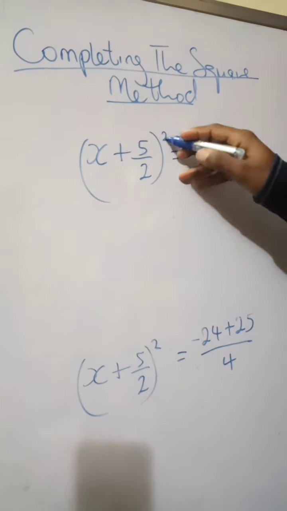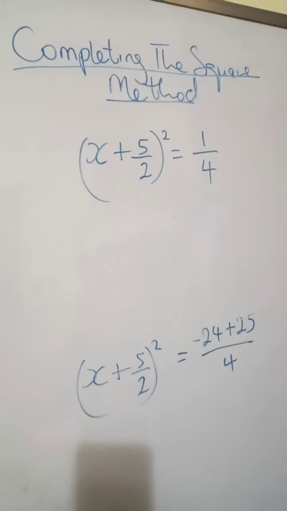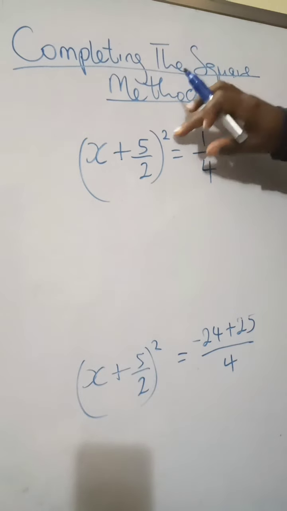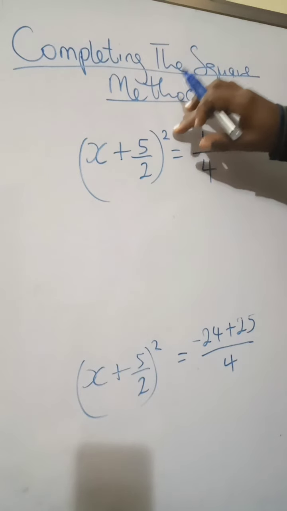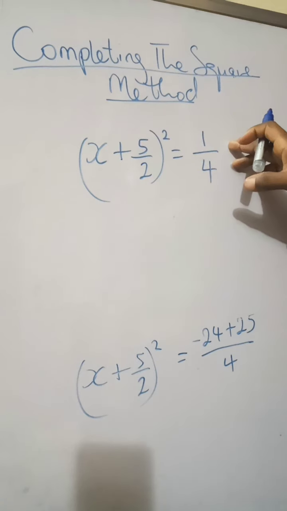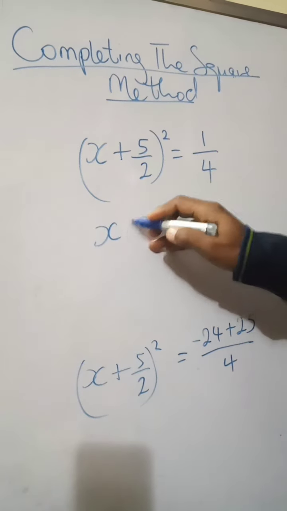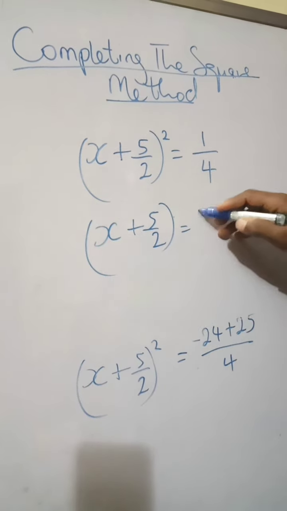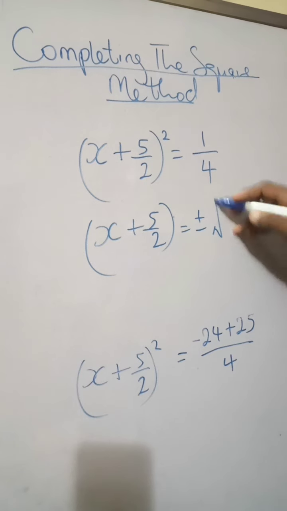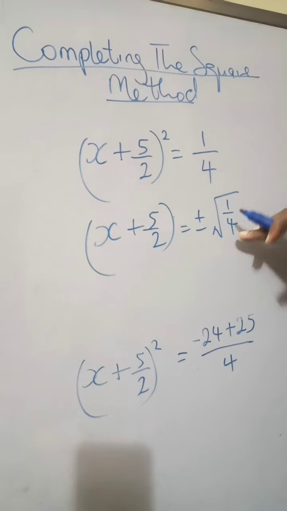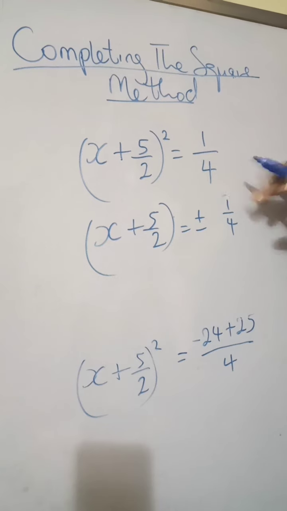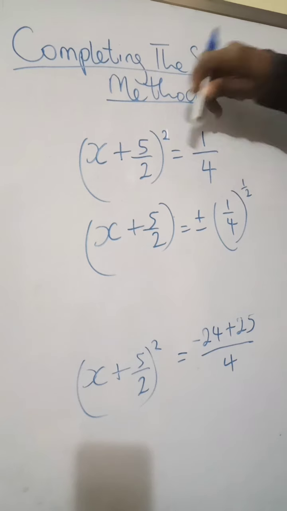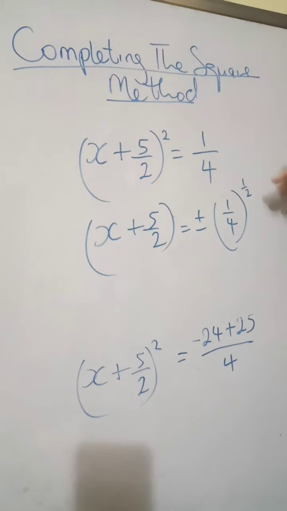So to get rid of the square, you take the square root of both sides, or you simply apply the reciprocal of this power on the other side of the equation, and that gives us x plus 5 over 2 equals plus or minus square root of 1 over 4. Square root is the same as power 1 over 2, so that's a reciprocal of 2 applied to this side of the equation.